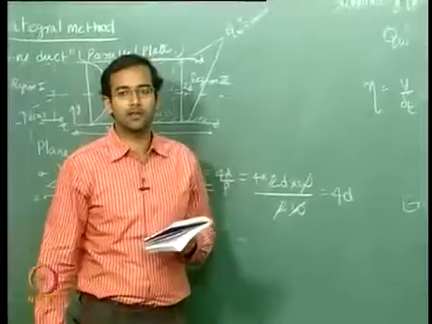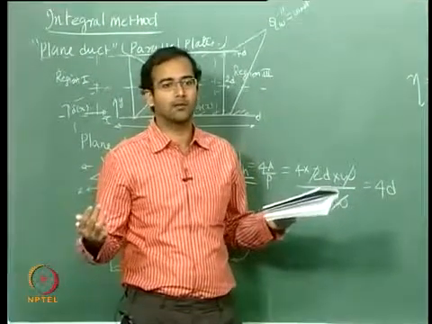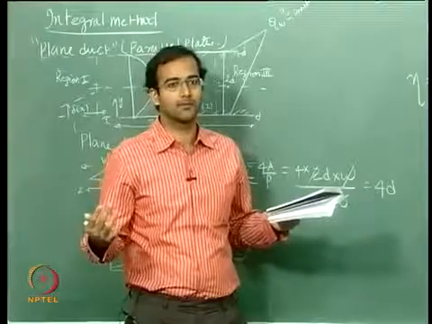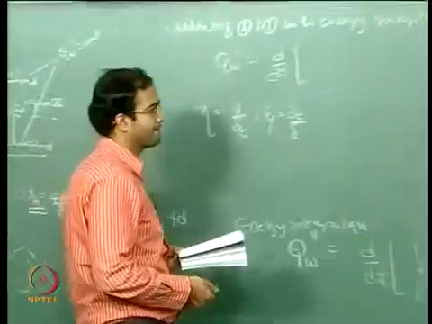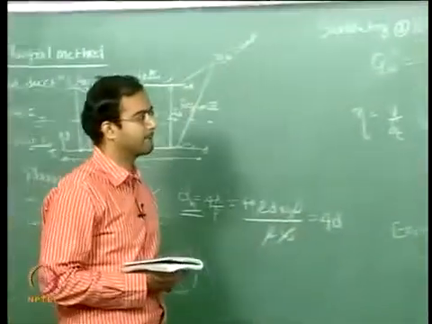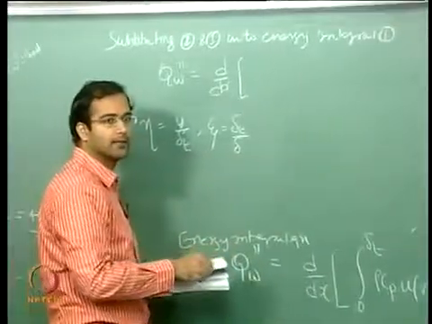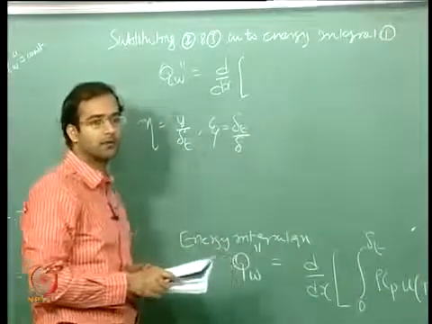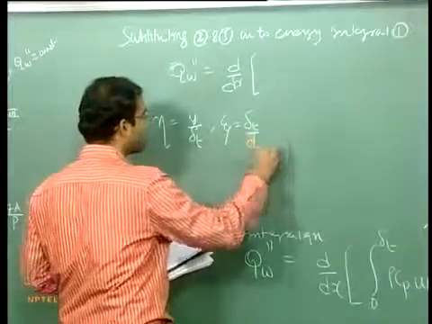So here we don't have any delta because we don't talk about the momentum boundary layer thickness. So rather than delta, what we should use? D. You look at the profile, it is y by d, whereas in the external flow it is y by delta. So there this will be replaced by d.